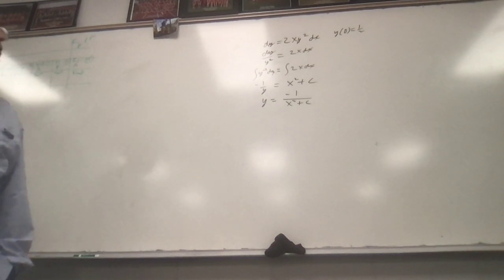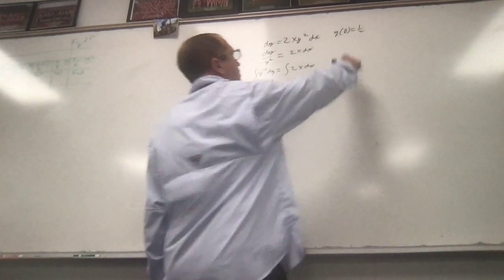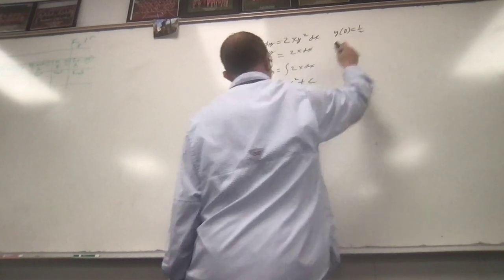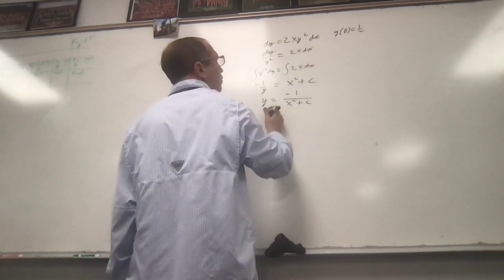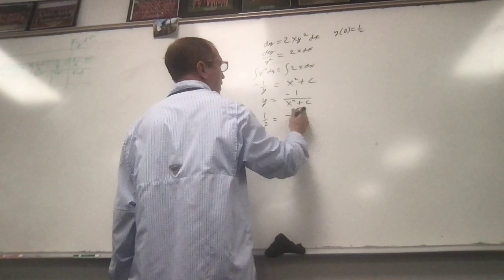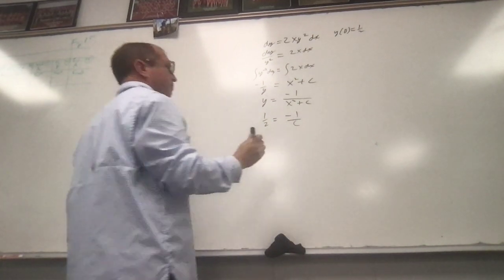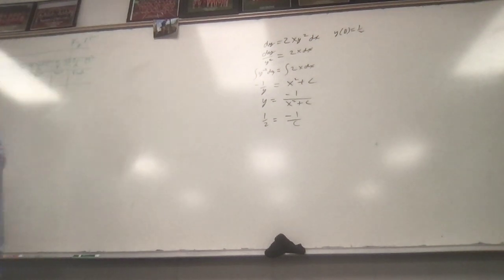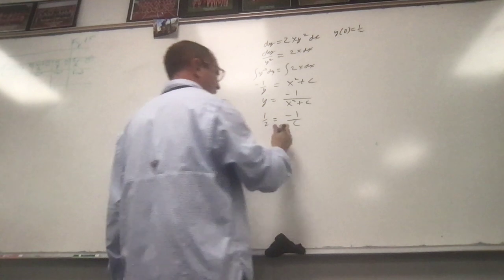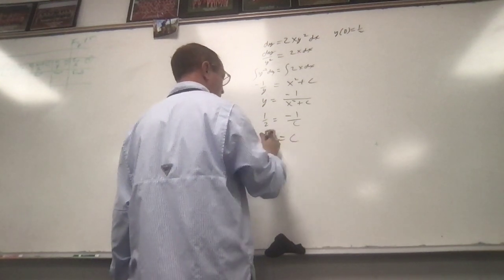So the next point we're gonna get is by setting 0 here and 1/2 here. So we get that 1/2 is equal to -1 over c. Again, plugging in 0 for x. So c is equal to what? -2.